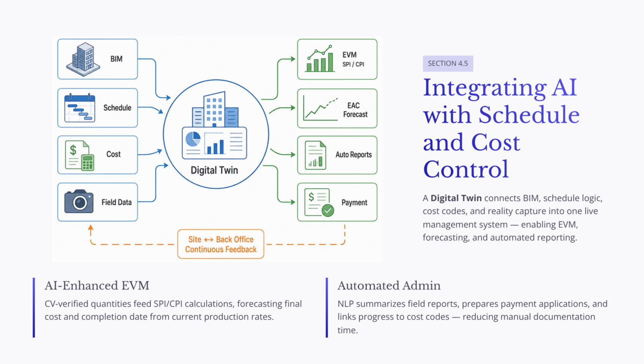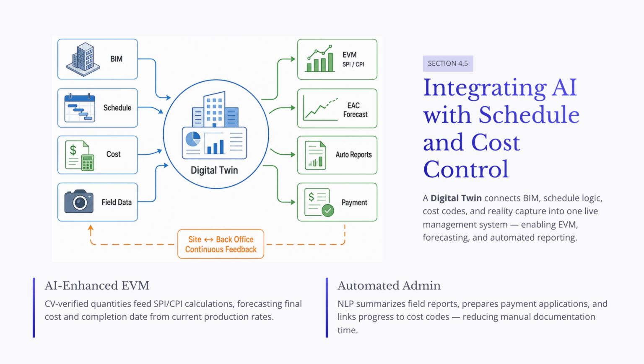When AI-supported computer vision confirms installed quantities, that progress data can feed into EVM calculations after proper review. AI can then help forecast final cost and completion dates based on current production rates, labor hours, installed quantities, procurement status, and changes.